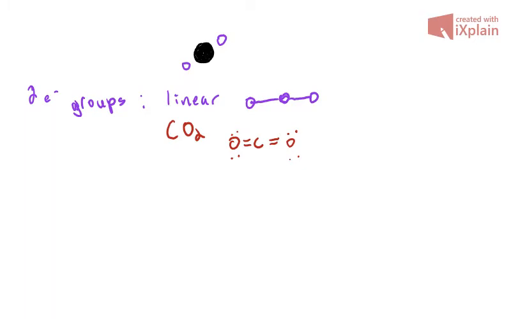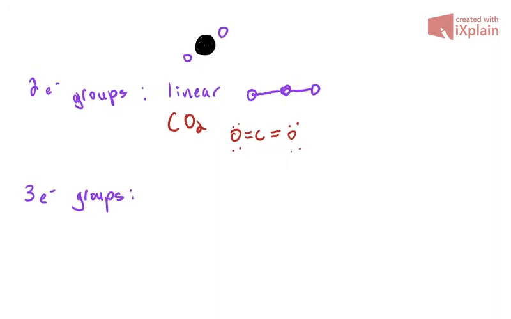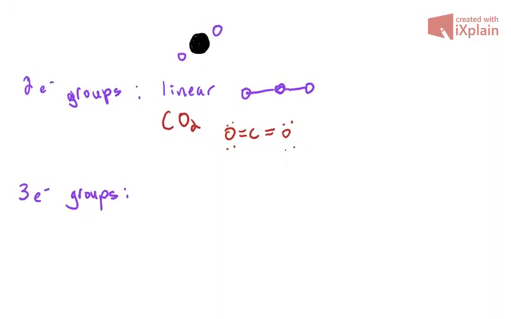Now if we have 3 electron groups, they make our next VSEPR geometry, which was what? Do we remember the one I showed you? It was a triangle.